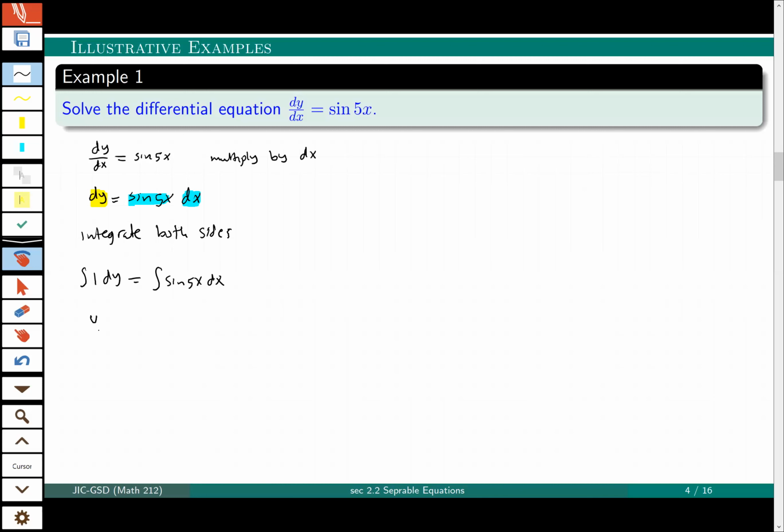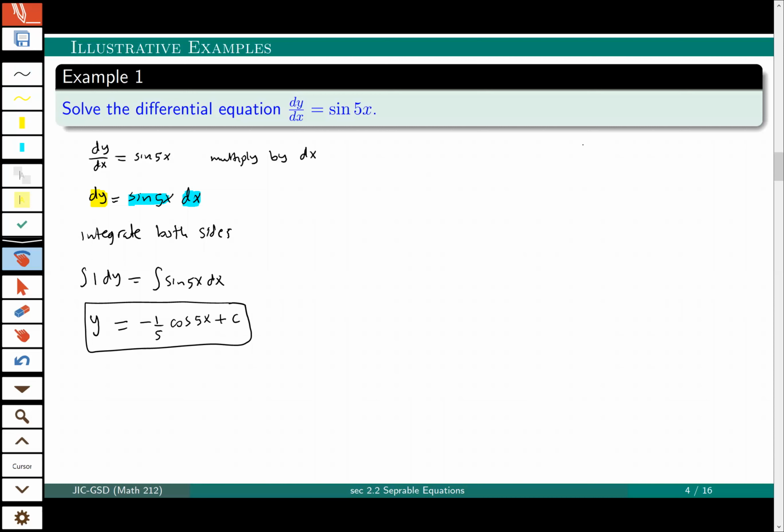Integrating 1 dy will give me y. Integrating sine 5x will be minus 1 over 5 cosine 5x plus a constant number. So that will be the solution of the differential equation.